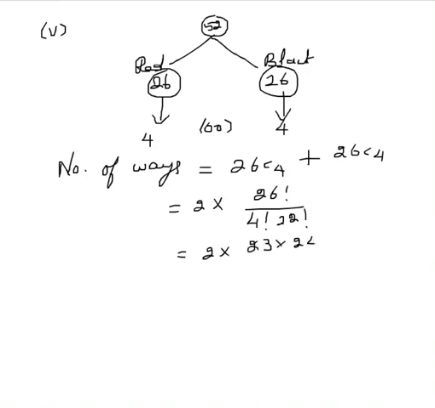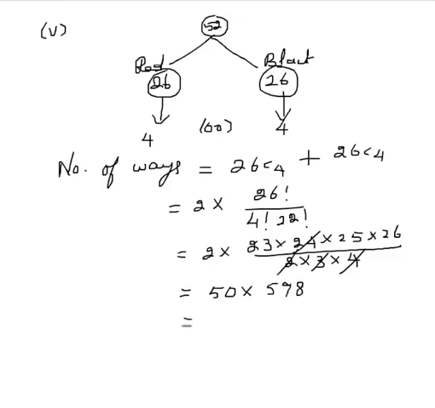Cancel 22 factorial. 4 factorial is 2 into 3 into 4. 24 could be cancelled. 2 times 25 is 50 and 23 times 26 is 598. The answer is 29900.